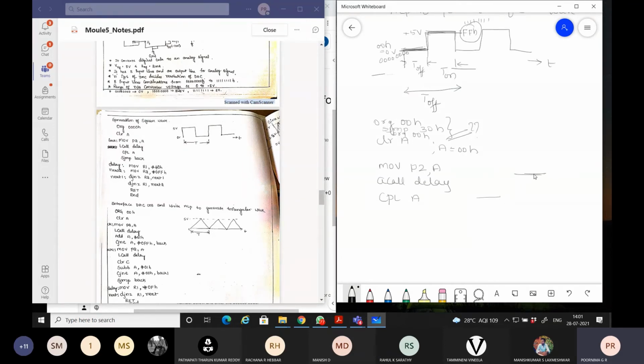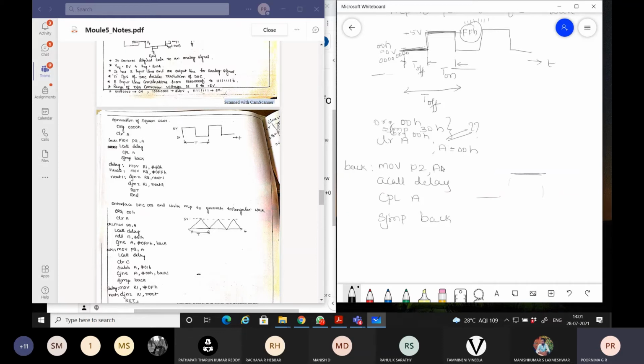And once this high is also generated, that should be there for a certain duration. So therefore again you need to call the delay. So before you call this delay, you need to send that value to port 2. So therefore instead of writing a call delay once again and moving the complemented accumulator contents to port 2, you can make this with two instructions in a loop.